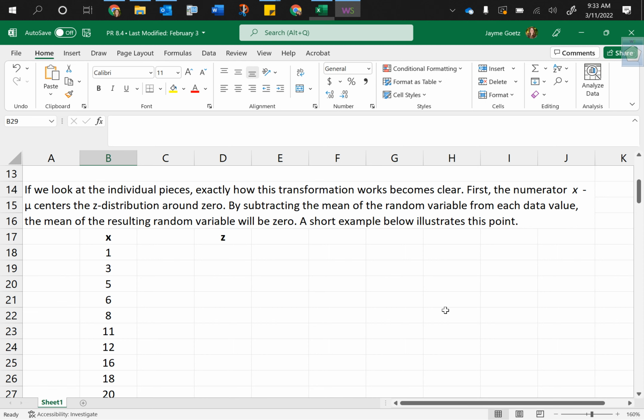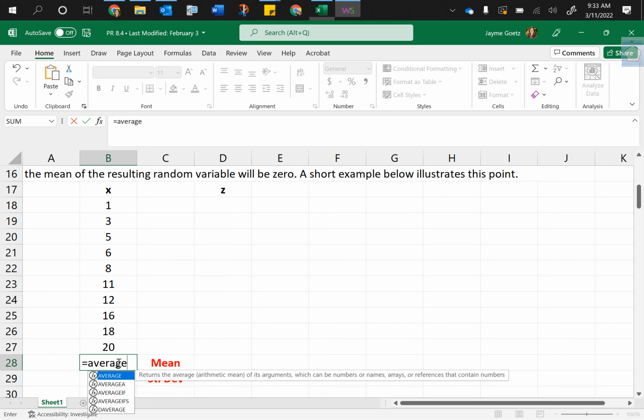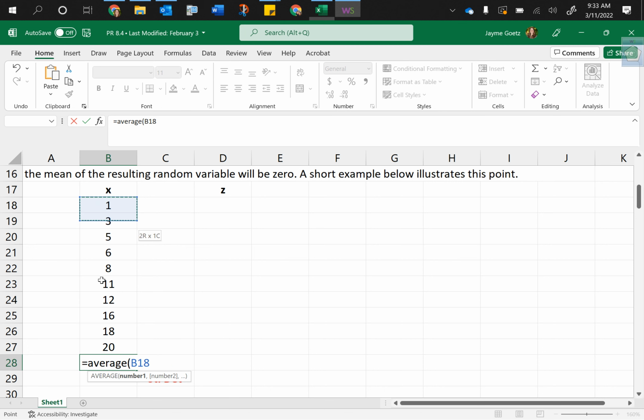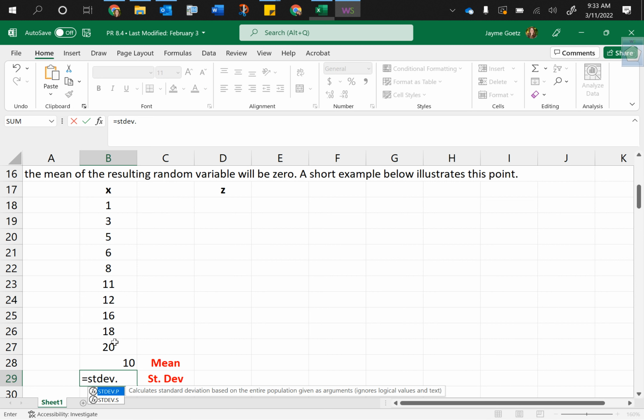This means nothing unless you see it. So here I have a list of data values, okay? I want you to go ahead and find the mean and the standard deviation, okay? So we're going to say average of all of these values, and standard deviation.